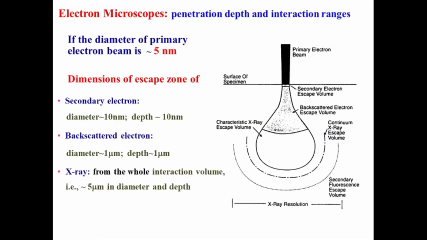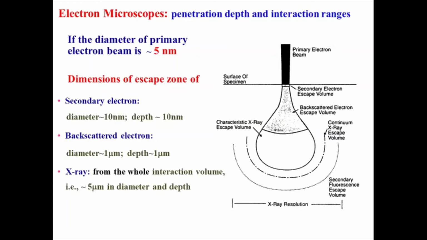So this is a tear-shaped volume from which different interactions occur. The secondaries, because they have very small energy, are generated only from the near surface, 5 to 10 atomic layers, and they are able to come out.